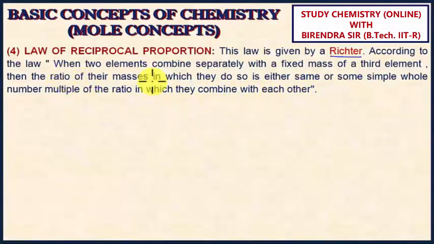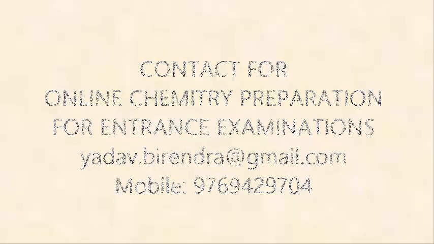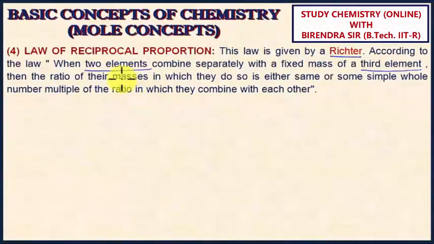Now, if you read this law carefully, there are three elements involved. First two elements and this third element. In the law of multiple proportions, two elements were involved. Here, three elements are involved. Second thing, to remember this law, you can remember two ratios.